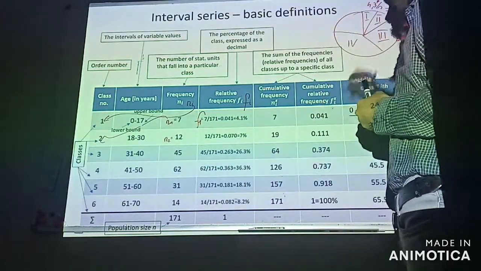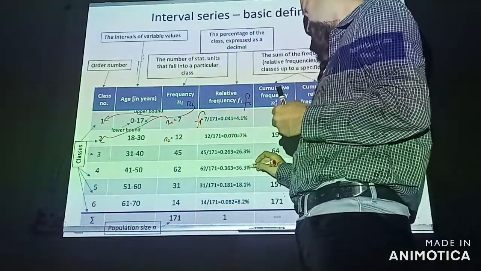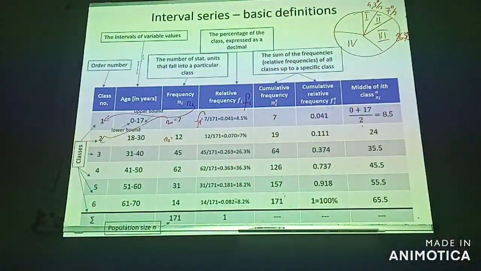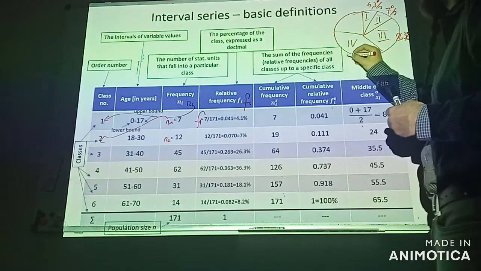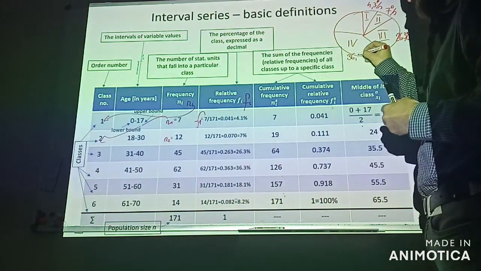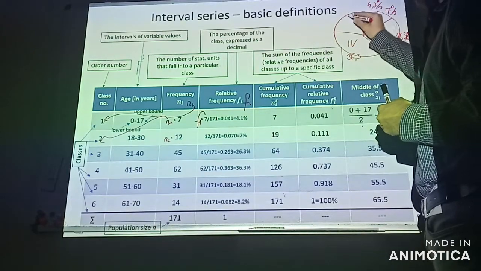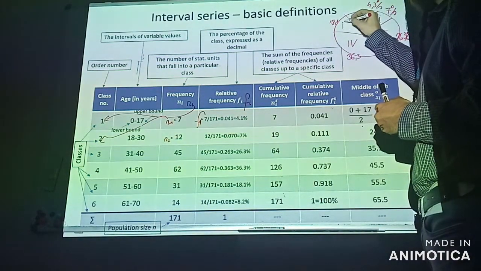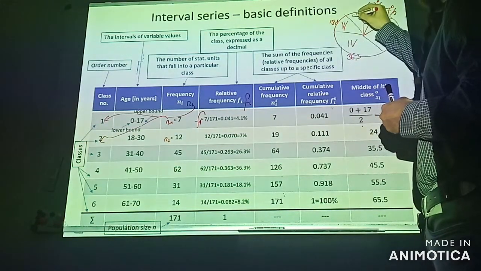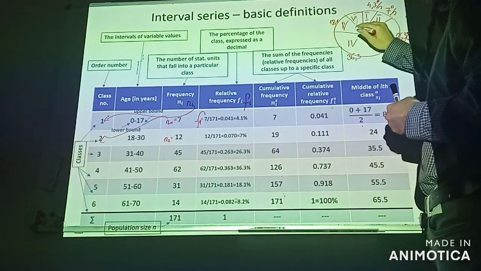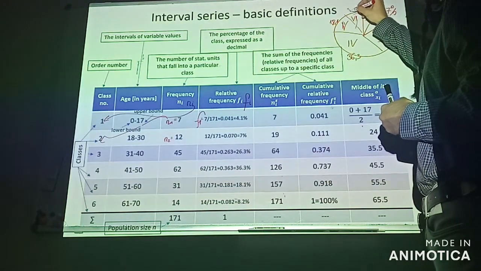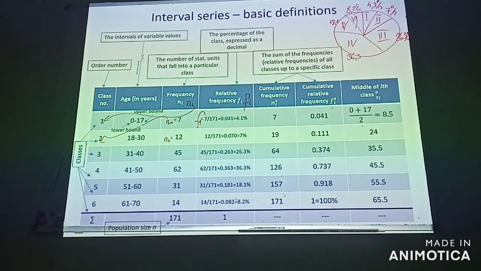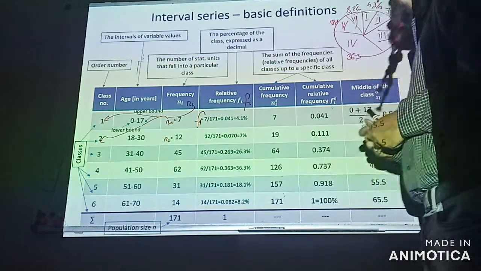So most of the people are in the age from 41 up to 50 years old. Here we have 36.3, 18.1 in the fifth interval, and in the last interval, the 6th, we have 8.2% of people, the oldest.